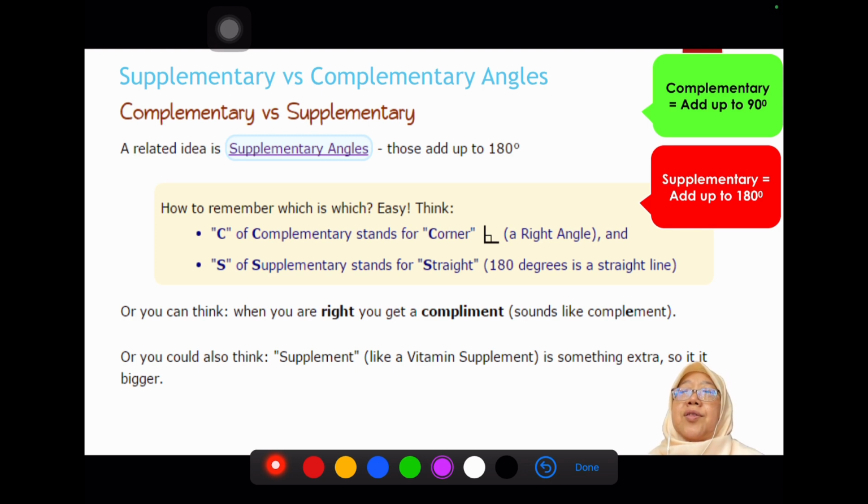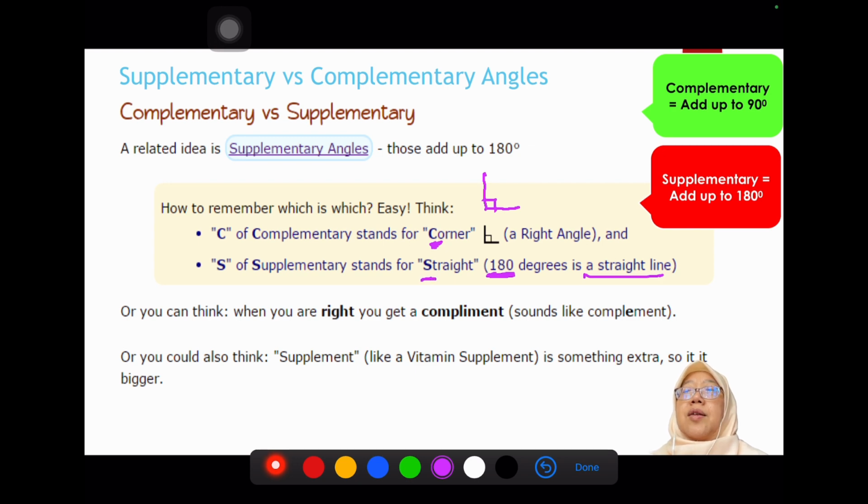The other one is that for complementary, because the letter C is for corner, when you draw it, you sort of draw it like that, and then you have this. So this tells you it's a complementary angle. But for supplementary angles, when you add up, it is 180 degrees, so it's a straight line.